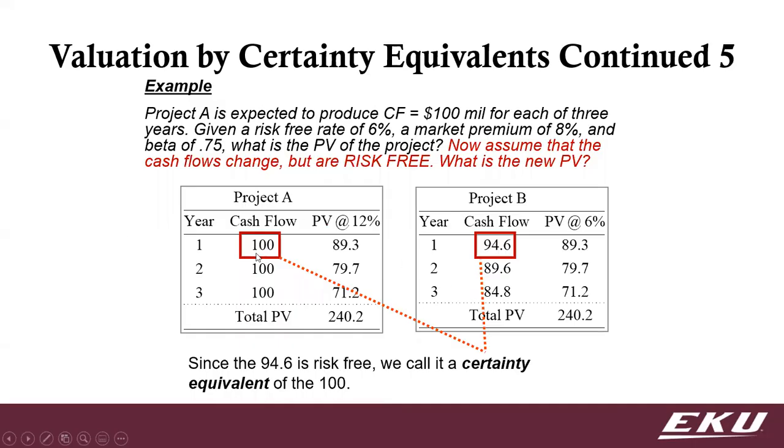So the certainty equivalent of 100 is this 94.6. Because we end up getting that same value: 89.3 at 12% is 100, 89.3 at 6% is 94.6. So the risky is equivalent to that risk-free.